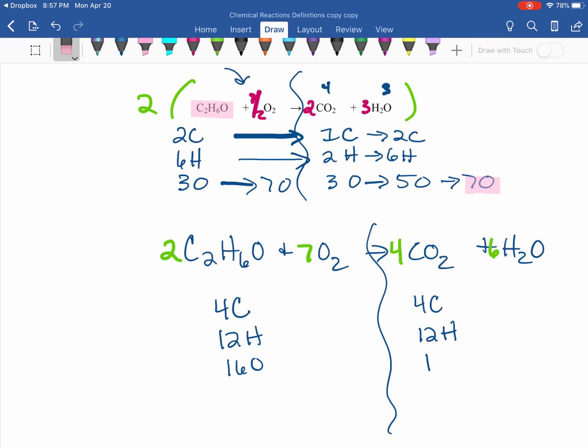All right, let's double check our oxygens up here. Let's make sure we're not going too crazy. How many oxygens do we have up here? We need to go to 7, or do we? So we've got, I had a 2 there. We've got 4 oxygens, 3 oxygens. Yep, we need to go to 7.